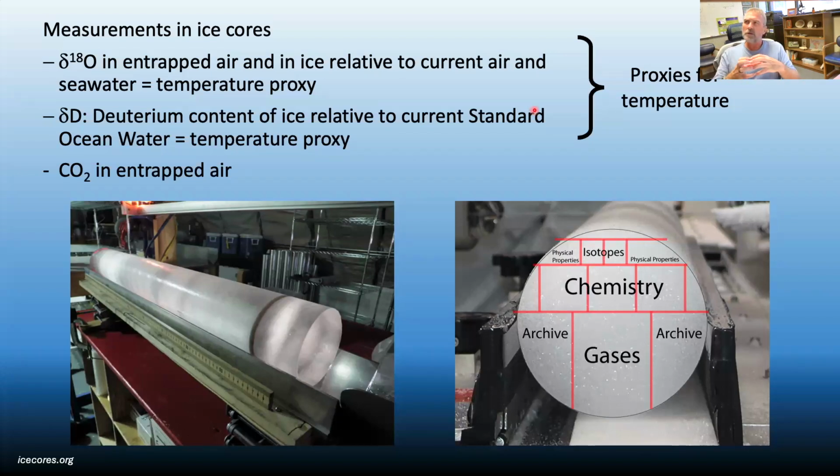You probably looked at deuterium in, I would suggest, your inorganic chemistry courses. Deuterium is heavy hydrogen, right? And again, looking at the content in the ice relative to the current standard ocean water, that also can be a temperature proxy for us. And then we can directly look at carbon dioxide in the entrapped air, understanding how that works, okay?